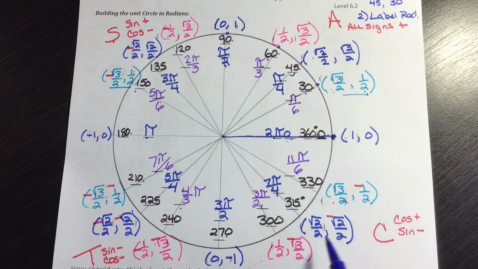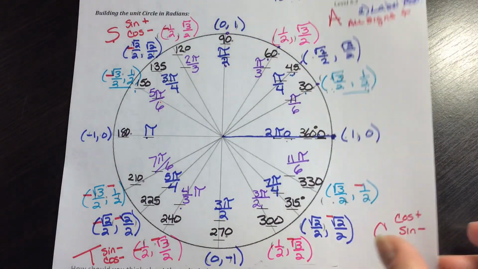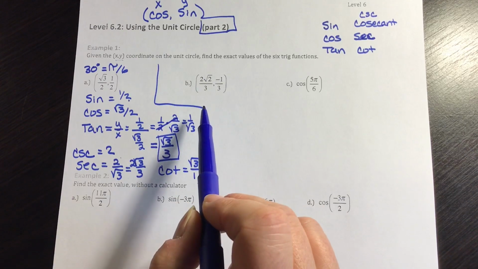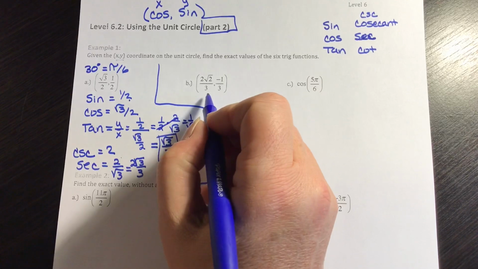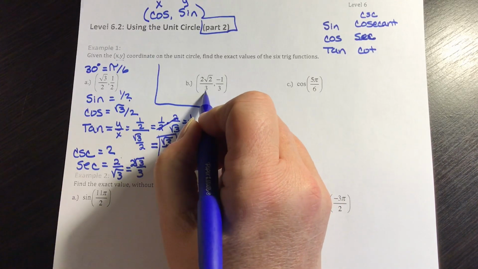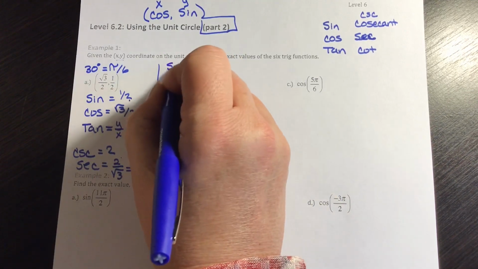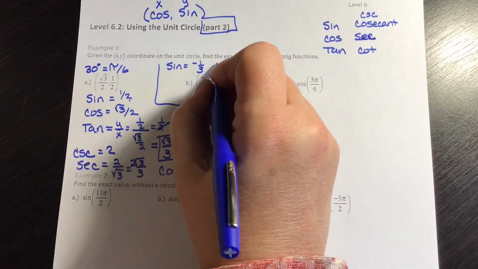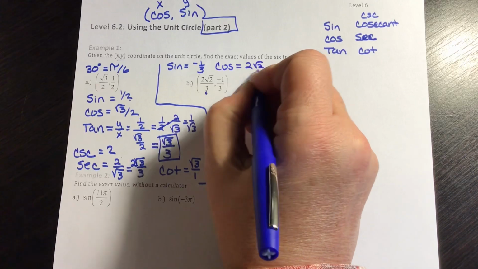So I don't have any of those cosine values here, but I still am going to be able to find the 6 trig functions, because I know that cosine is my first value and sine is my second value. So sine is negative 1/3 and cosine is 2 square root of 2 over 3.